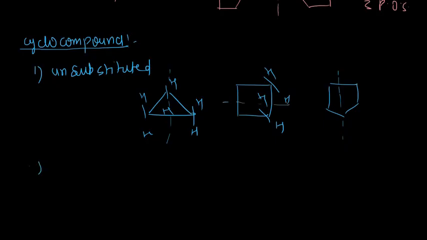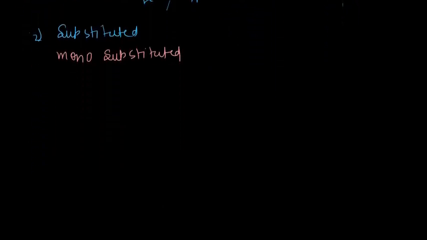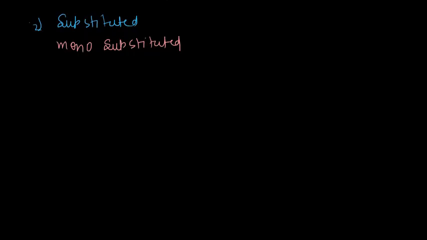Second, we are talking about substituted. In substituted, first of all, we are going to talk about monosubstituted. In monosubstituted, like we have hydrogen, chlorine, and we have this one compound, one plane of symmetry.